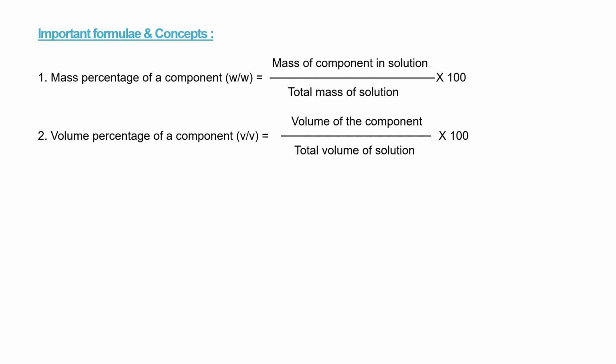Volume units are ml, liter, dm3, cm3. So you must know the conversion factor: 1 liter is equal to 1 dm3, which is equal to 1000 ml or 1000 cm3. Your ml and cm3 are the same.